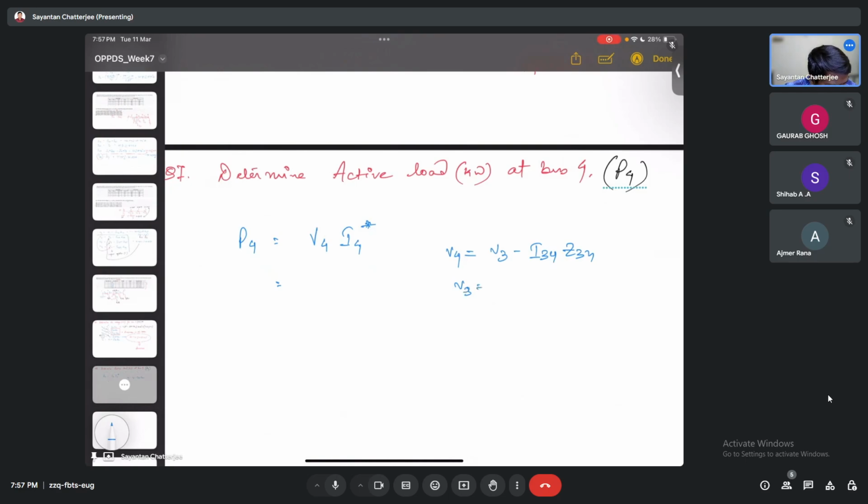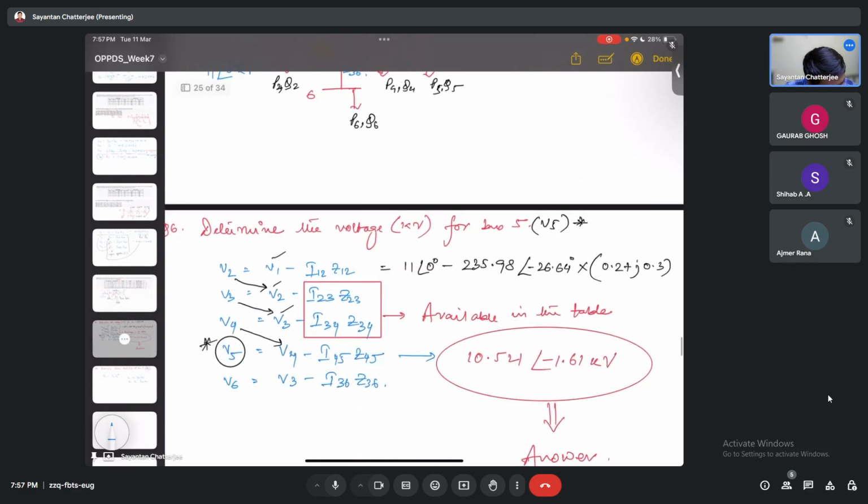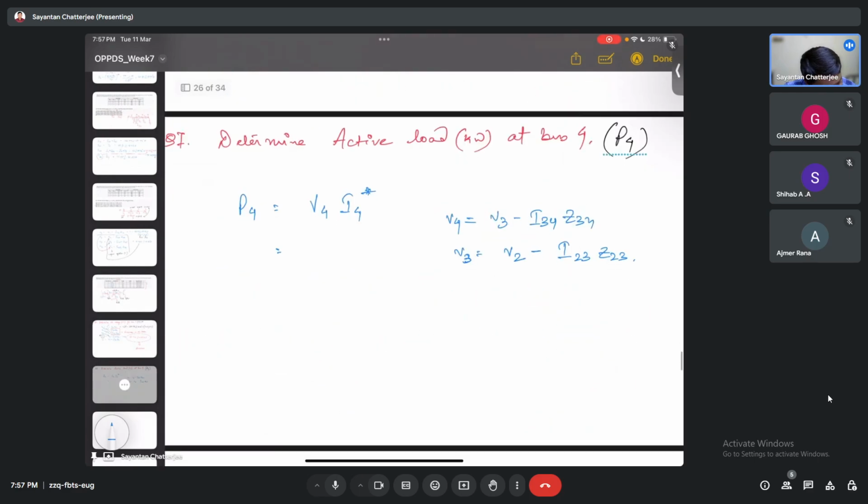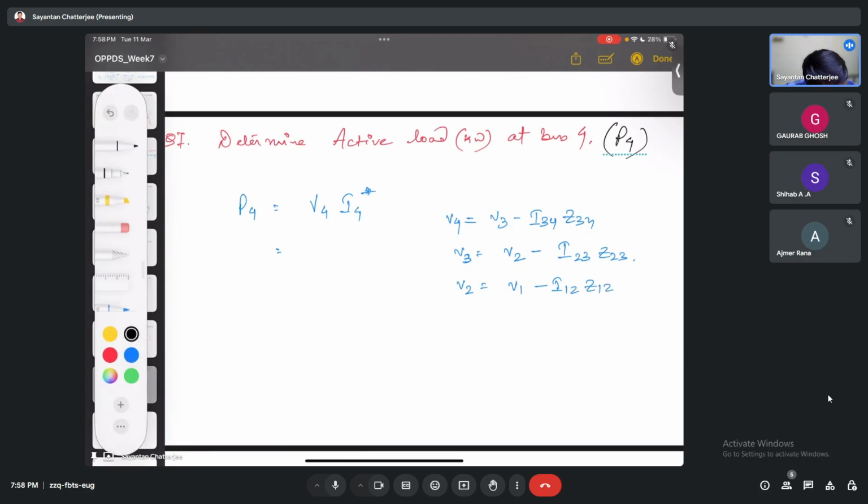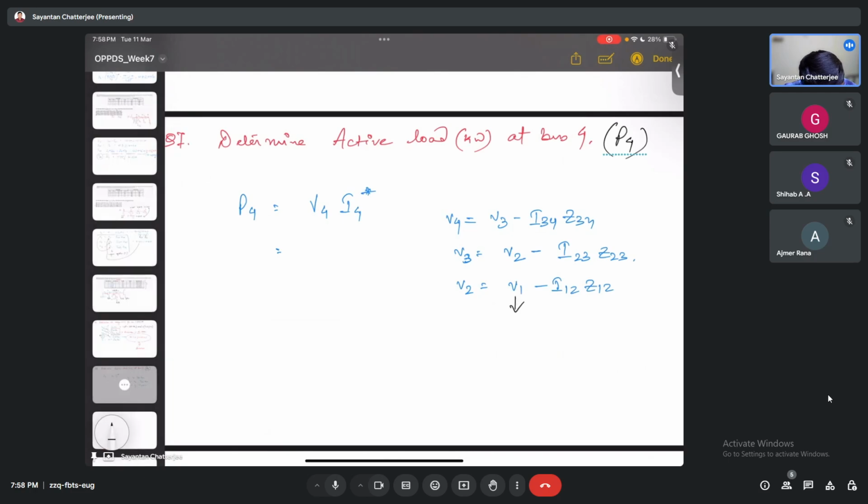So V3 will be V2 minus I23 Z23, and V2 is V1 minus I12 Z12. So we need to follow the same steps. This one is known, 11 angle 0 kV, and I12. All these values can be obtained directly from the table itself.